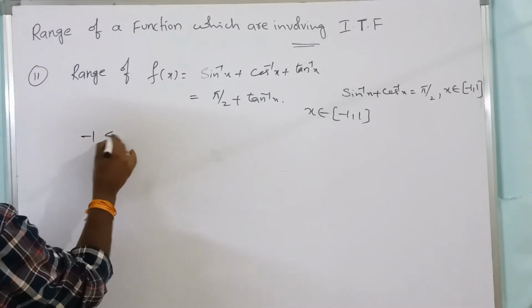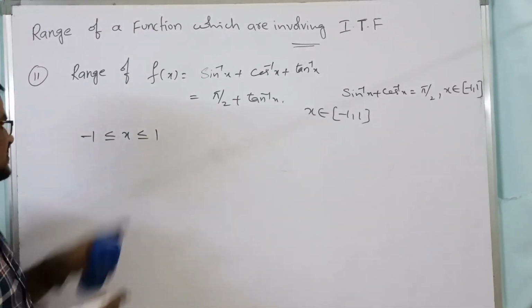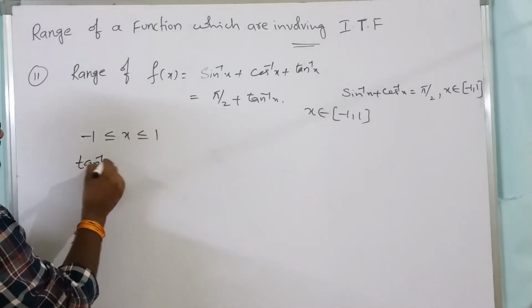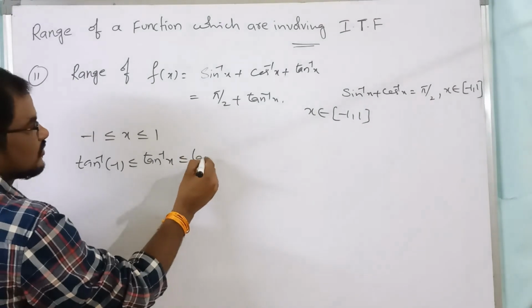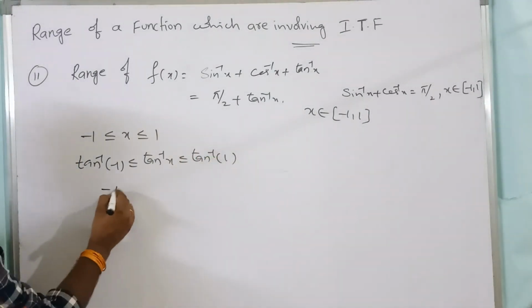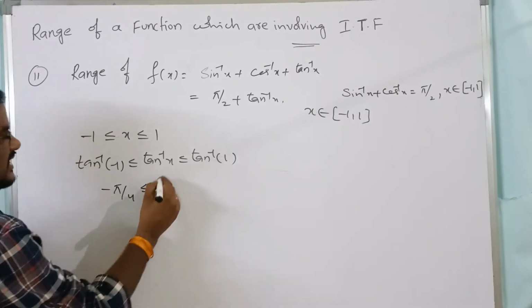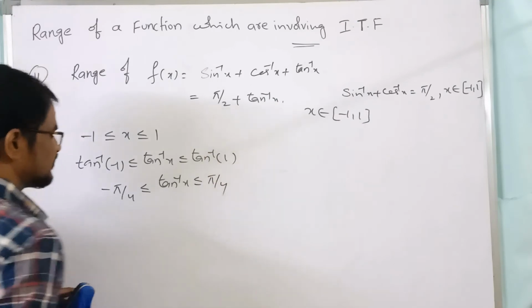Now if you take minus 1 less than or equal to x less than or equal to 1, apply tan inverse. So tan inverse of minus 1 less than or equal to tan inverse of x less than or equal to tan inverse of 1. Now tan inverse of minus 1 is minus pi by 4, so minus pi by 4 less than or equal to tan inverse of x less than or equal to pi by 4. Add pi by 2.